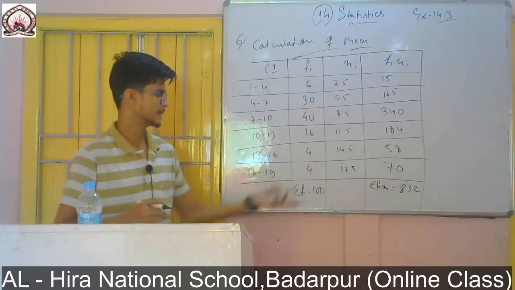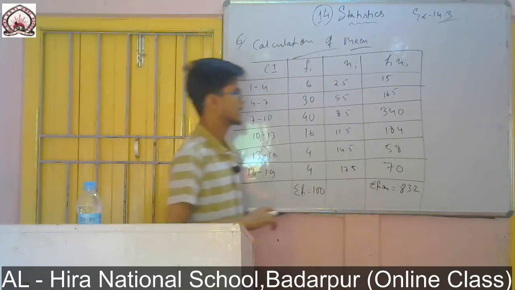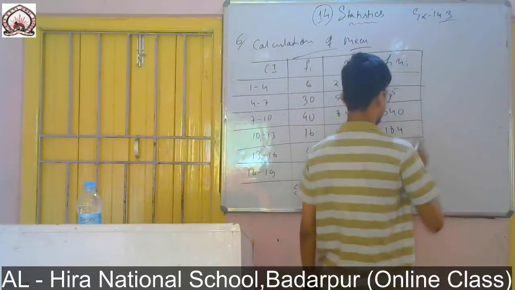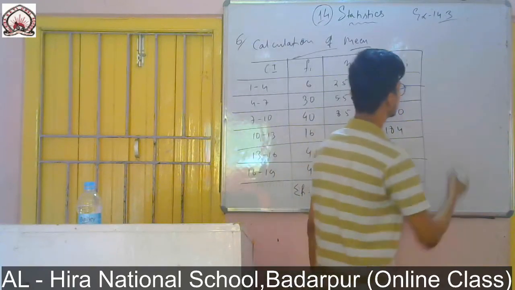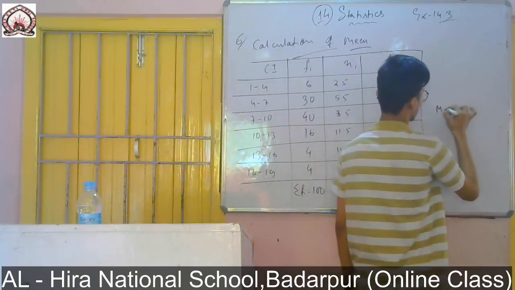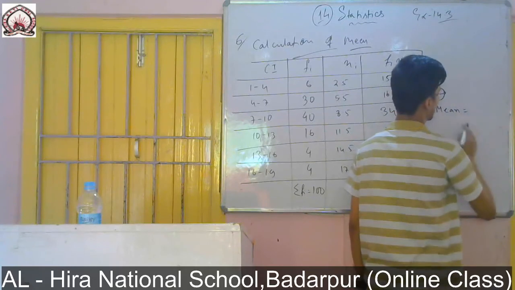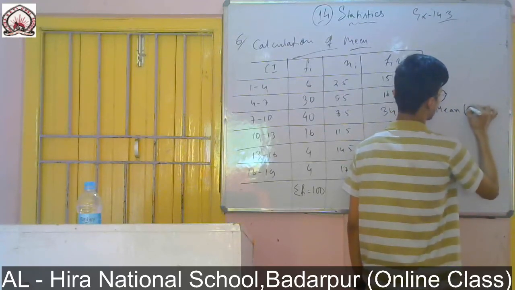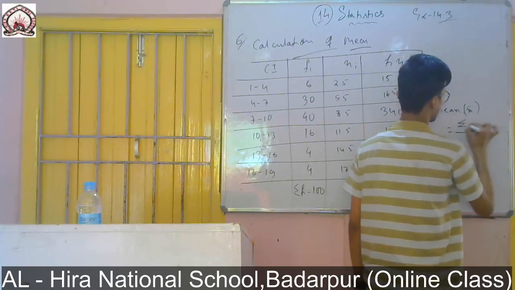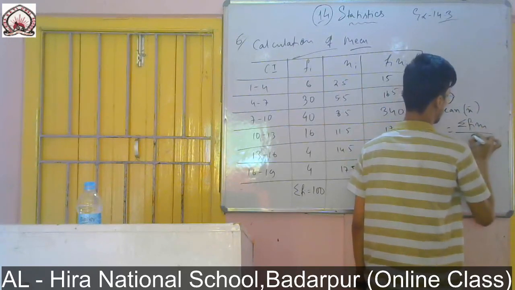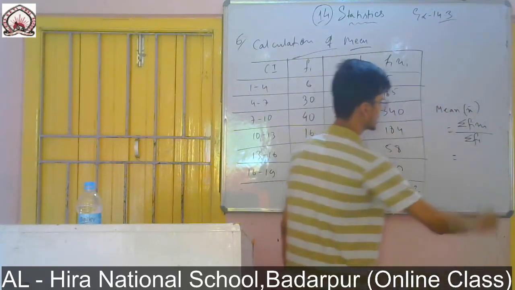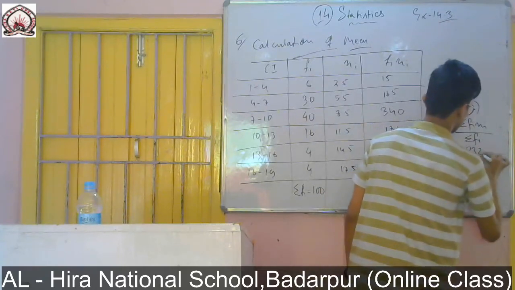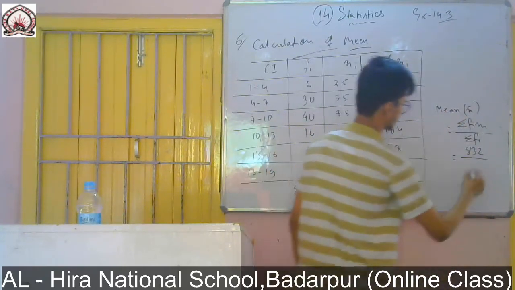Now it is very easy to calculate the mean. We got everything, and we know the direct formula. Therefore the mean x bar is equal to the summation of Fi Xi divided by the summation of Fi, which is 832 divided by 100.